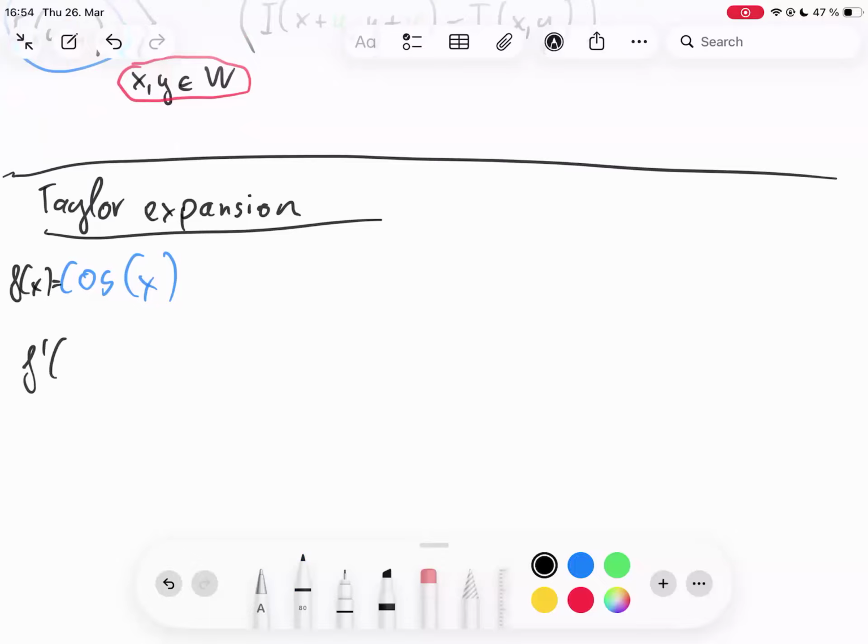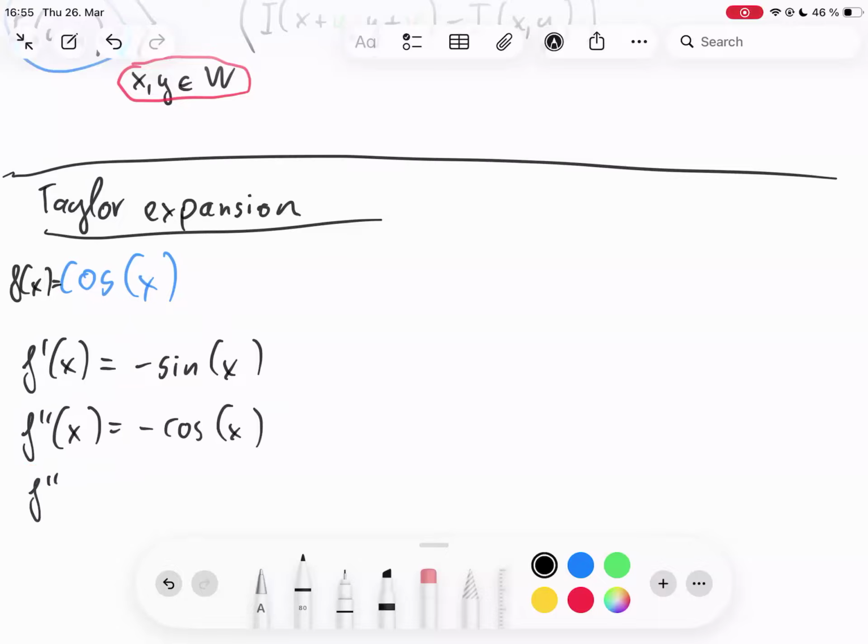So what is the derivative of cosine? Let us know in the chat. That's something everyone should know. Minus sine of x. Then the second order derivative is, let us know, minus cosine of x.